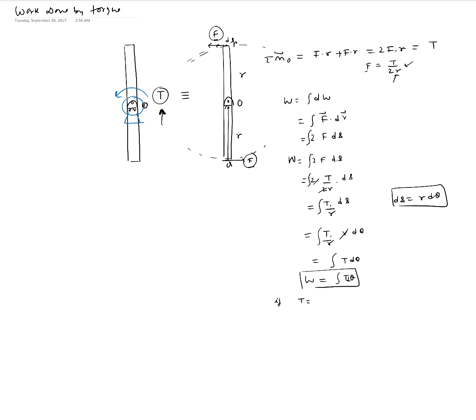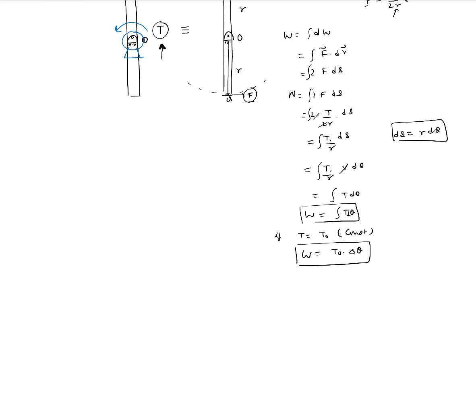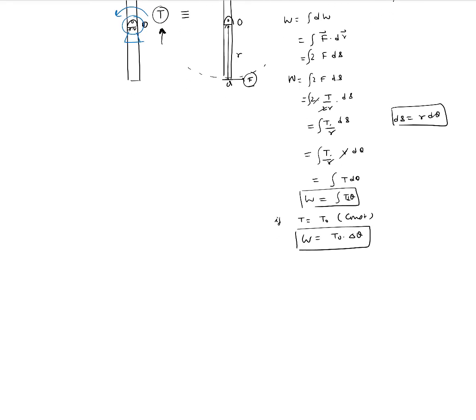If T is constant, let's say T0, then work done is equal to T0 times the integral of d theta, which would be the total delta theta. So that's the work done if the torque is constant, which would happen quite often. So let me do an example.